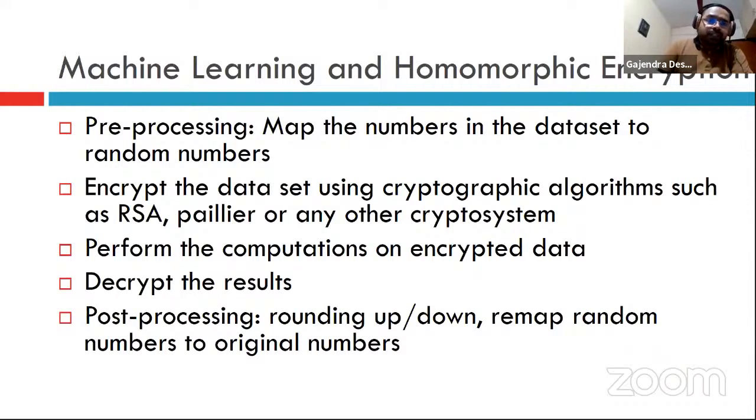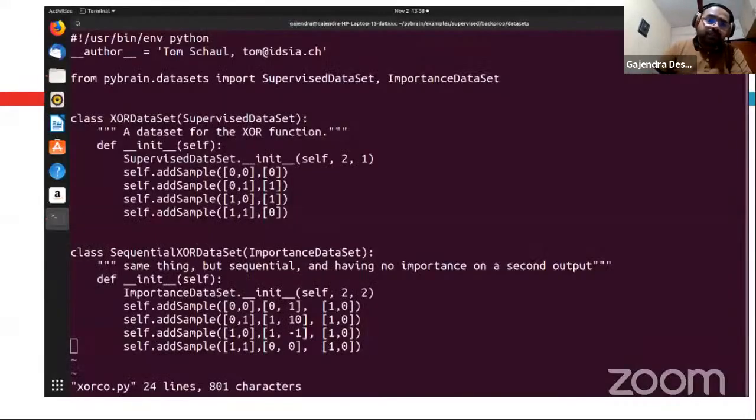Now for that, we used the PyBrain library of Python. This is a ready-made example available in the PyBrain library. We changed the input dataset here and applied all the steps which we discussed in the previous slide.